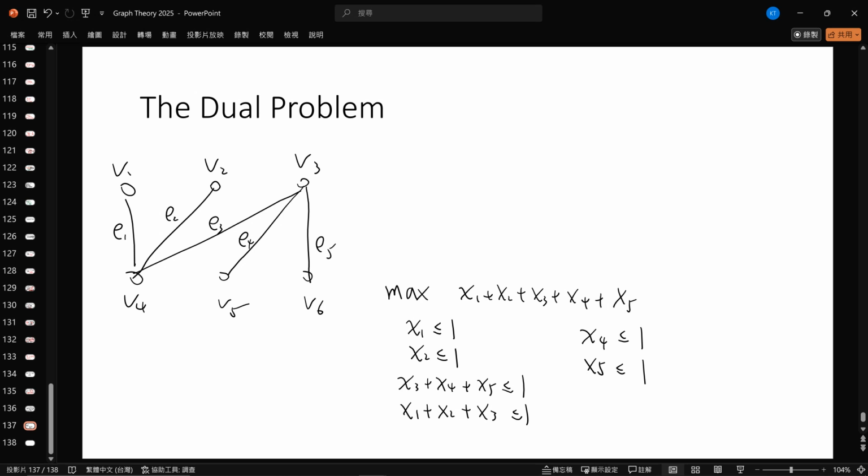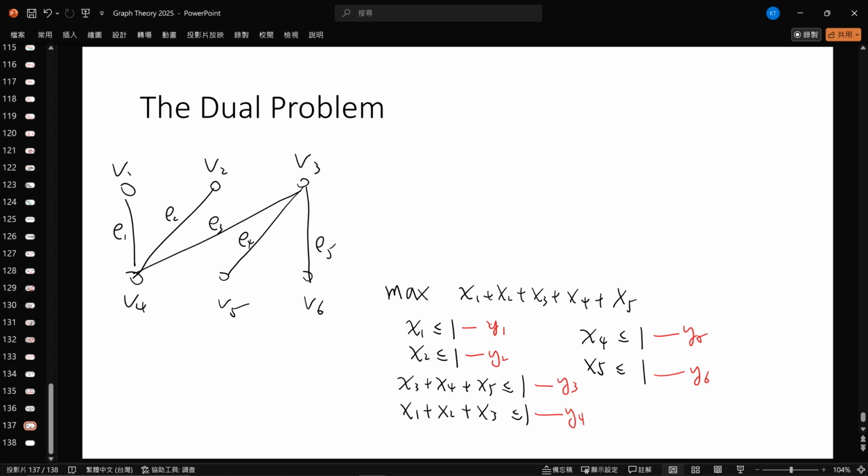First step, to find a dual problem, we create dual variables. So this is easy.